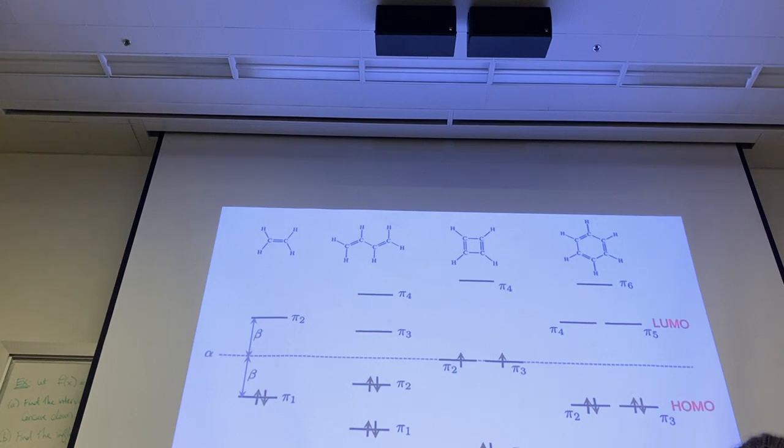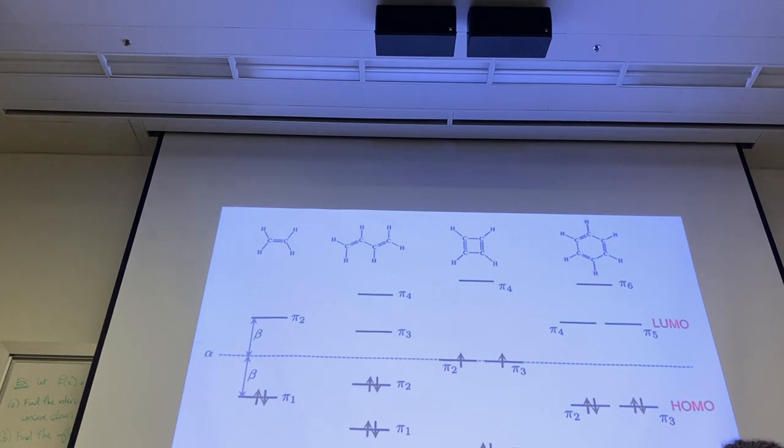All colorful molecules, all organic molecules that have visible color, are highly conjugated molecules. And the transitions that give those molecules their color are transitions of this kind between those molecular pi orbitals. Okay? This is called the pi to pi star transition.